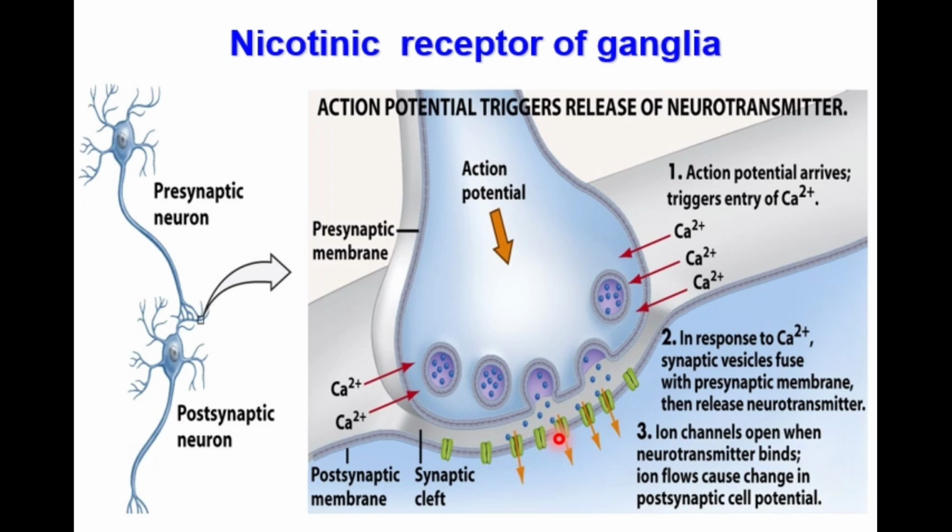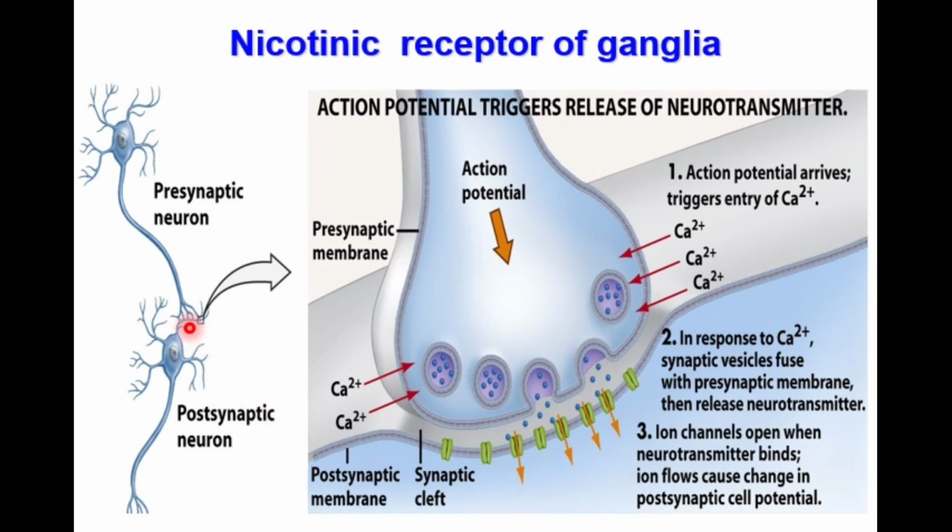As with nicotinic receptor on neuromuscular junction, the nicotinic receptors of ganglia are associated with ligand-gated sodium channels, acetylcholine being the natural ligand. Influx of sodium ions into ganglion cell body produces a rapid depolarization, which normally initiates an action potential.